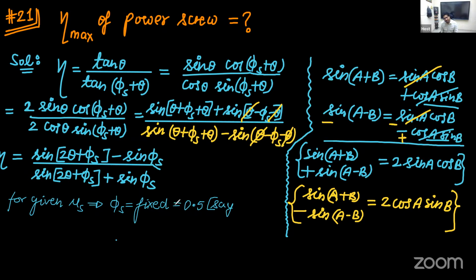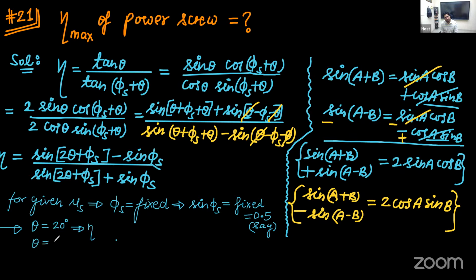If phi s is fixed, then sine phi s is fixed. Now, with theta equal to 20 degrees, you check the efficiency, and now with theta equal to 25 degrees, you check the efficiency.